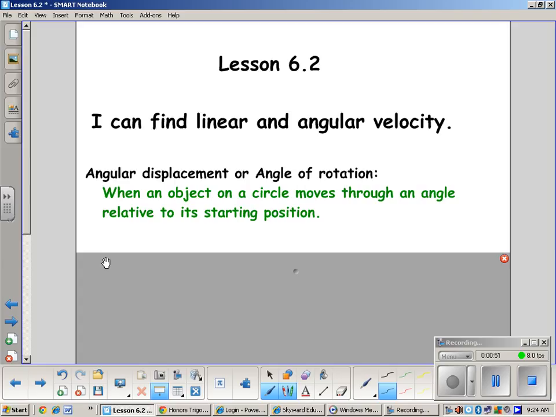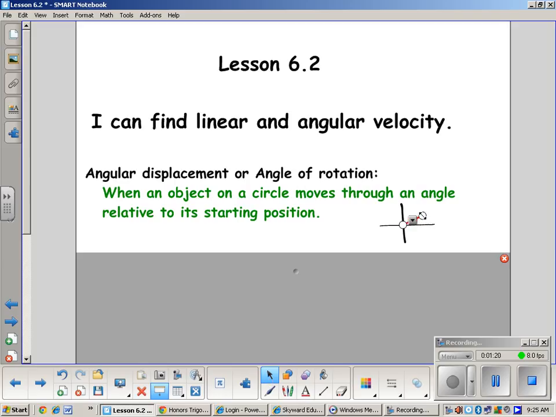Angular displacement, or angle of rotation, is when an object on a circle moves through an angle relative to its starting position. So if I look at this, there's its starting position, that red line.